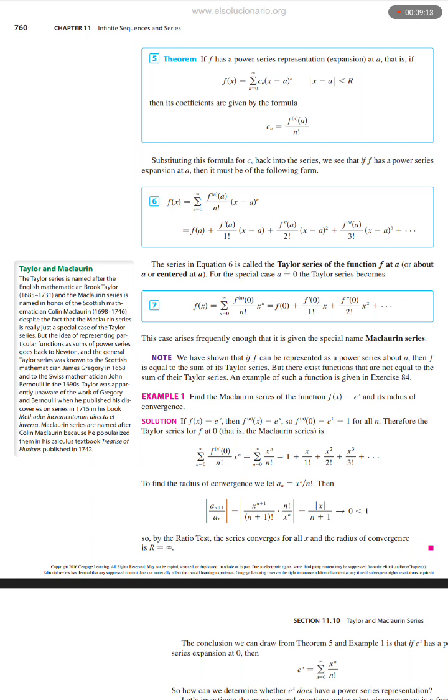The series in equation 6 is called the Taylor series of the function f at a, or about a, or centered at a.